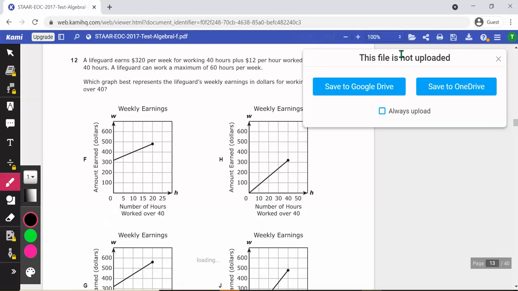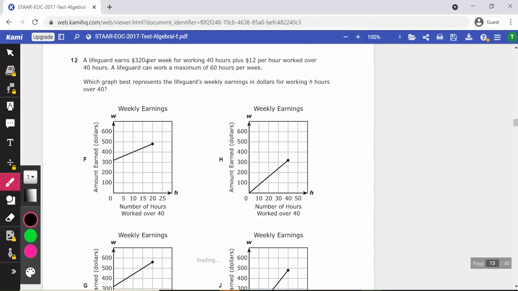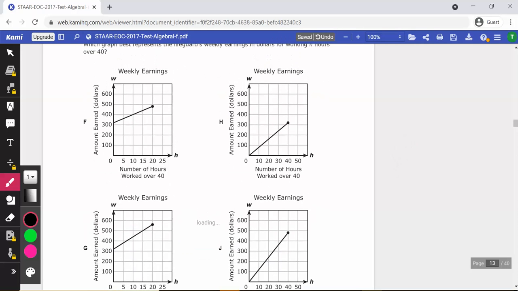A lifeguard earns $320 per week for working 40 hours plus $12 an hour worked over 40 hours. A lifeguard can work a maximum of 60 hours per week. So you know, our graph kind of stops at 60 hours per week, right?